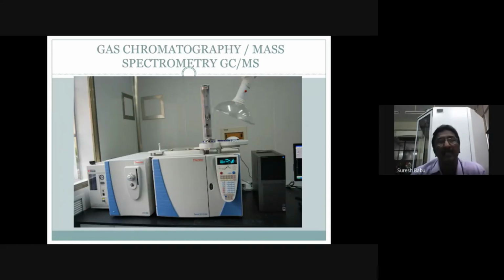Then the second part is GCMS. This is the instrument.